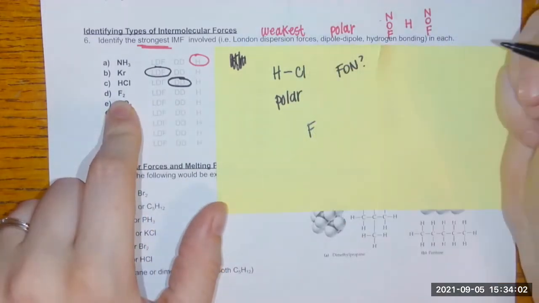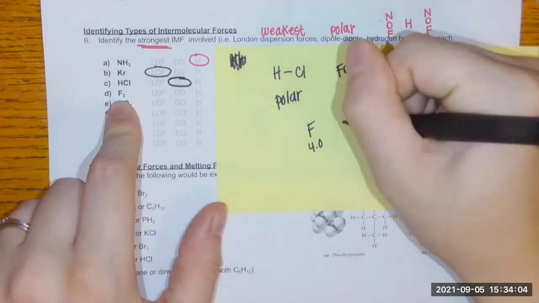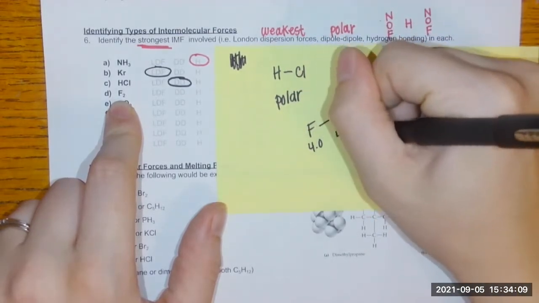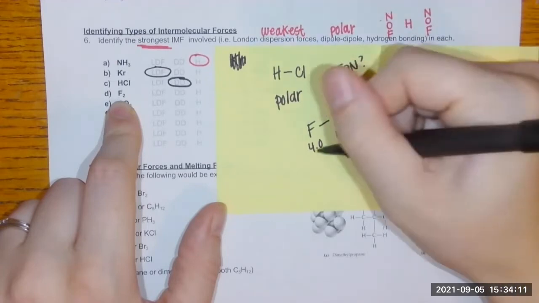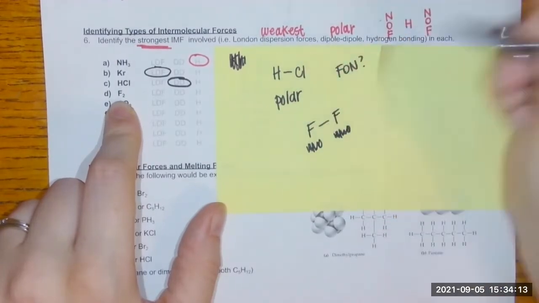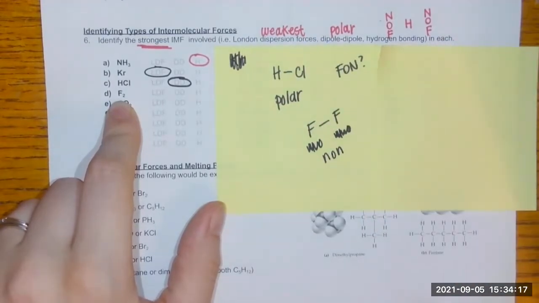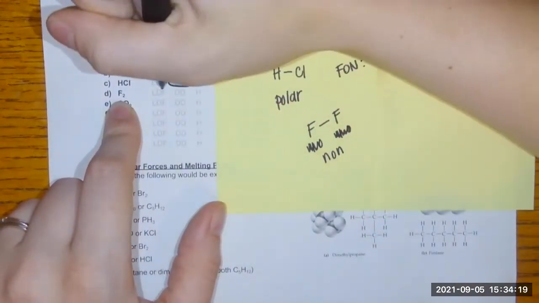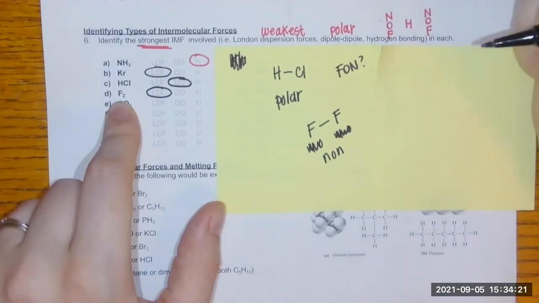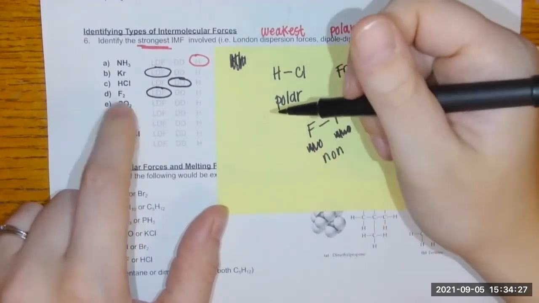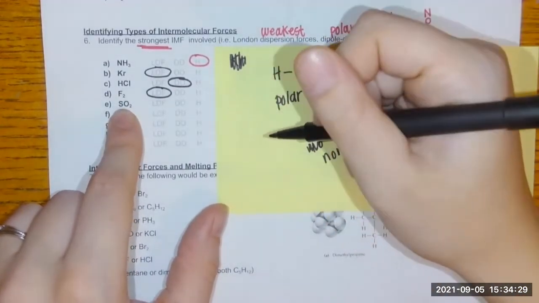F2, fluorine is electronegative. It pulls at a value of 4. But if it's bonded to another fluorine that's pulling at a value of 4, then it's not skewed. Then it's nonpolar. If it's nonpolar, the only thing it can have is London dispersion forces. SO2 is polar.